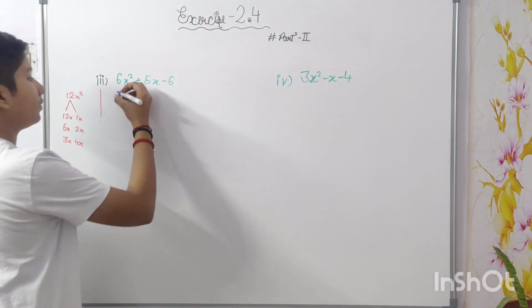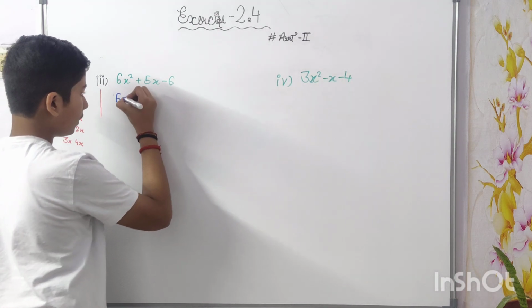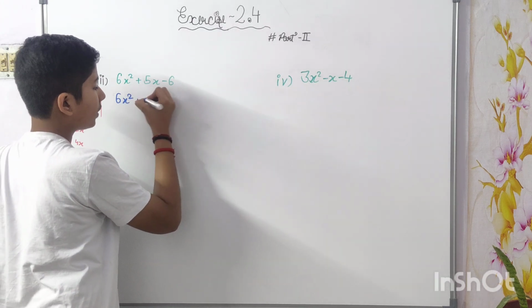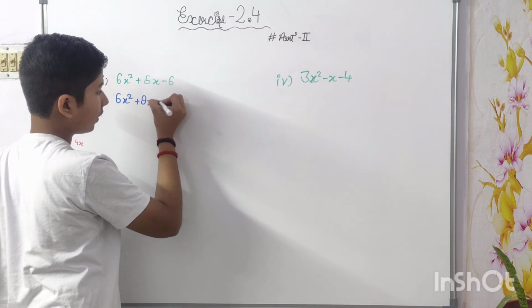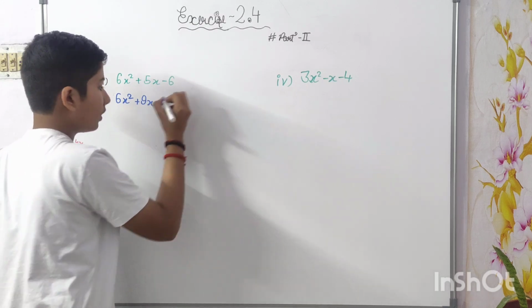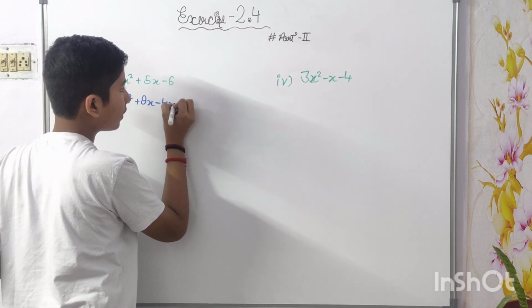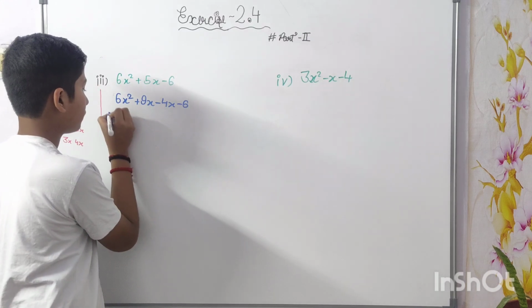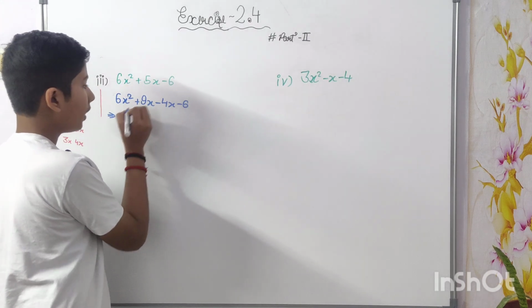So what will we do? We'll do 6x square plus 9x minus 4x minus 6.